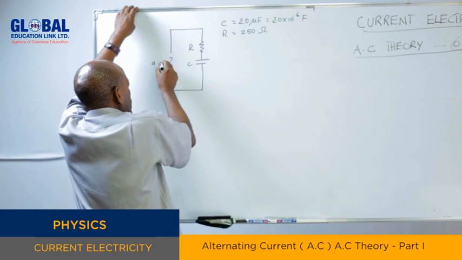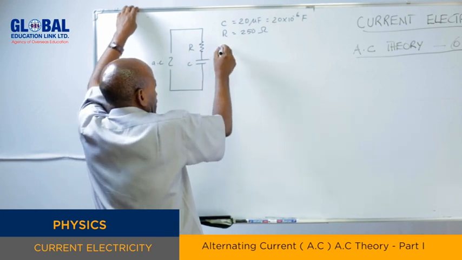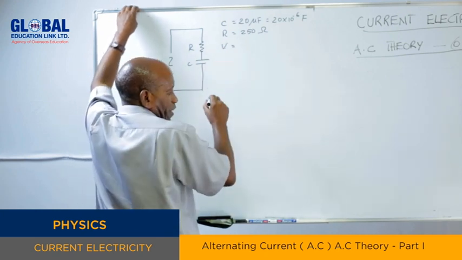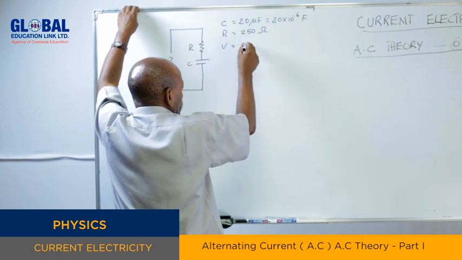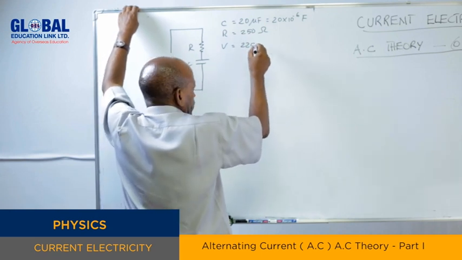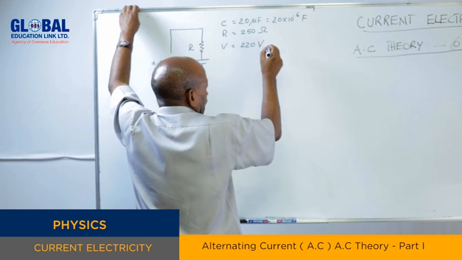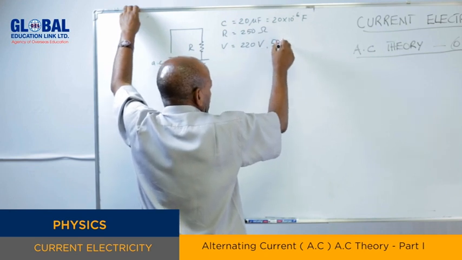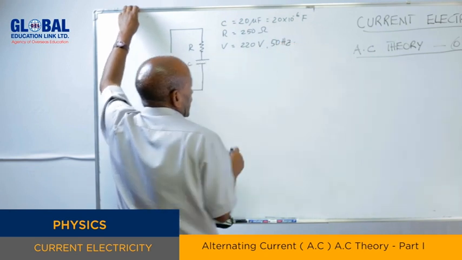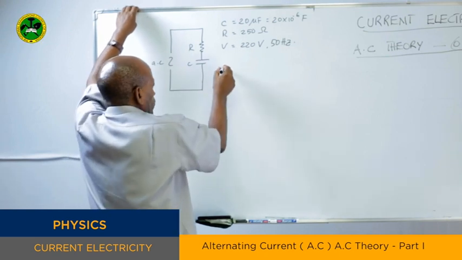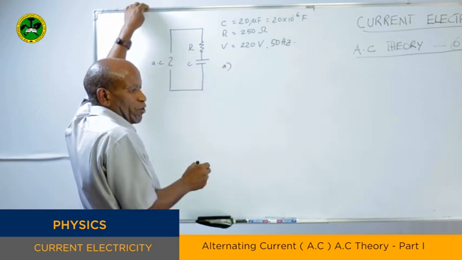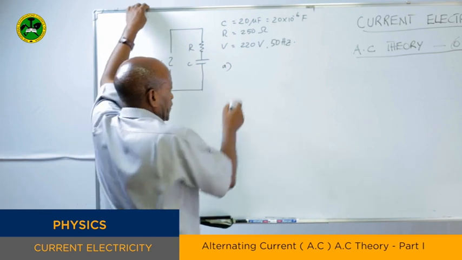And our AC supply voltage is 220 volts and 50 hertz. So we need to go to part A, the voltage across the resistor and the capacitor.